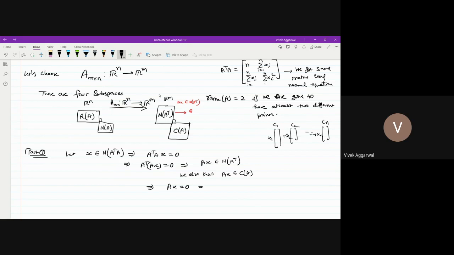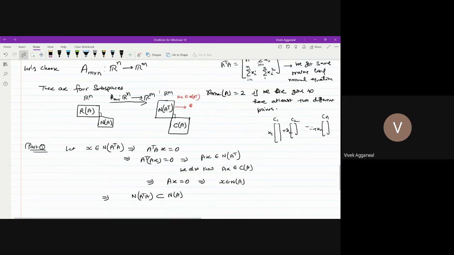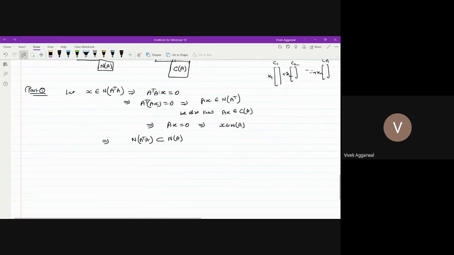So from here it implies that my x belongs to the null space of A. I have taken x from the null space of A transpose A and it is lying in the null space of A. So null space of A transpose A is a subset of null space of A. So one part is okay.